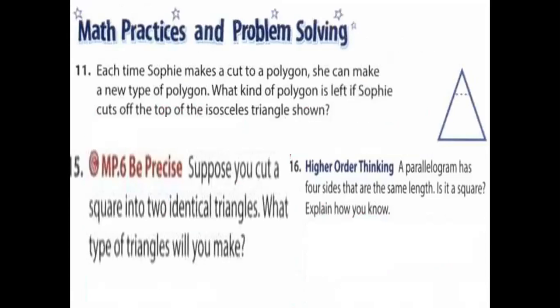Each time Sophie makes a cut in a polygon, she can make a new type of polygon. What kind of polygon is left if Sophie cuts off the top of the isosceles triangle? When I cut the top of the isosceles triangle, what is the shape?